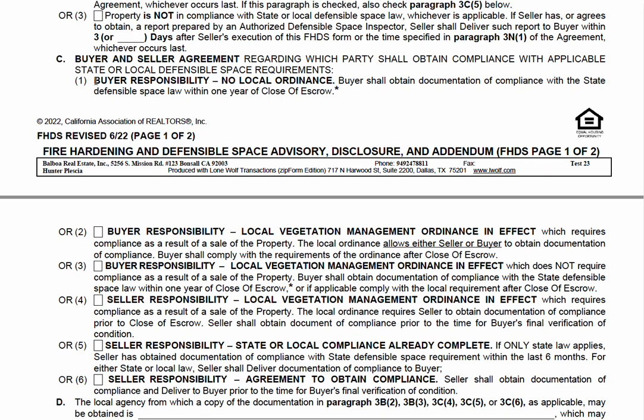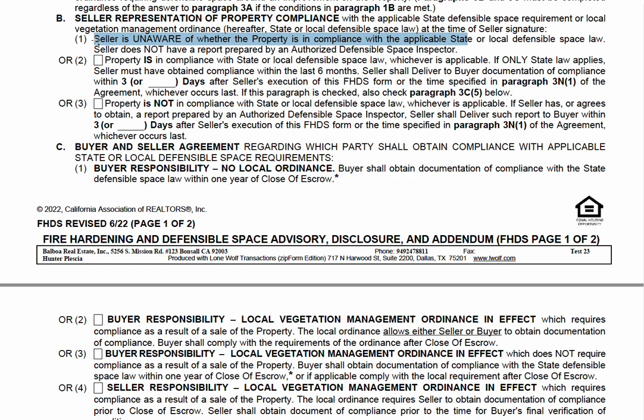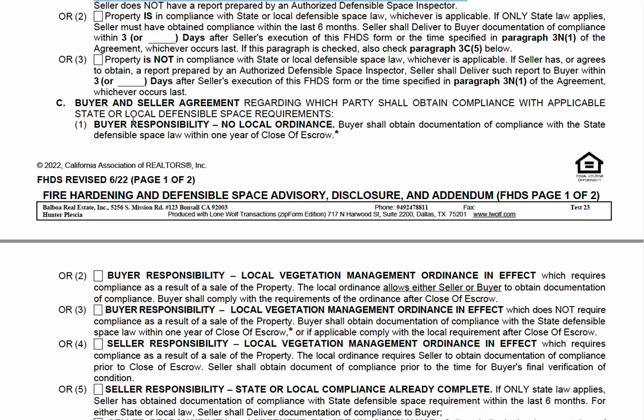Bear with me here. So 3C, if you do nothing, just like we did for 3B, then it automatically defaults to this. That's the buyer's responsibility. There's no local ordinance, and buyer shall obtain documentation of compliance with the state defensible space law within 1 year of close of escrow. So it's basically saying, listen, there's no local ordinance, and this is the buyer's problem now.